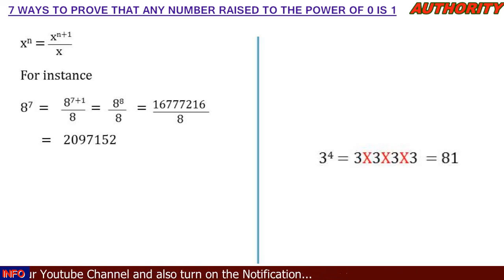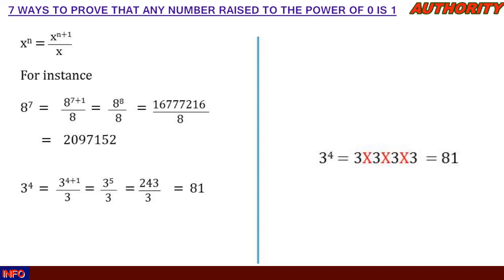Okay, now let's go. Let's use the same method, or this formula, to find 3 raised to power 4. You know, we have the method x raised to power n is equal to x raised to power n plus 1 all over x. So here that means we are going to have 3 raised to power 4 plus 1 all over 3. So here we have 3 raised to power 4 plus 1, which is equal to 5. That means we have 3 raised to power 5 all over 3. So 3 raised to power 5, what is it?